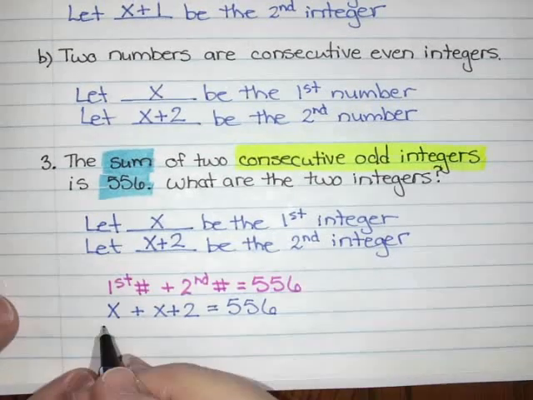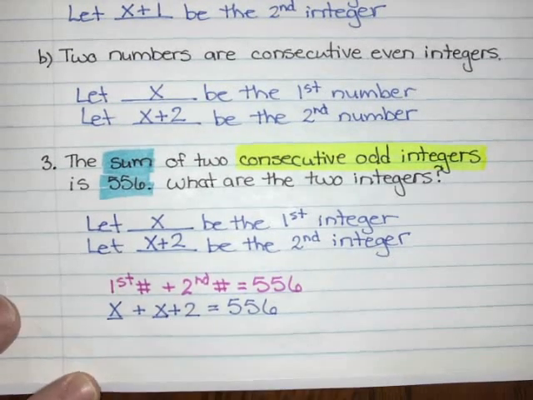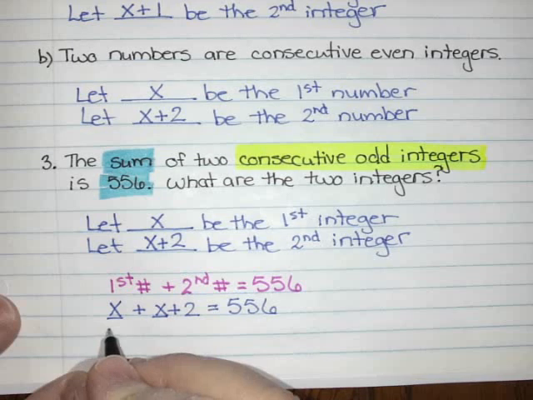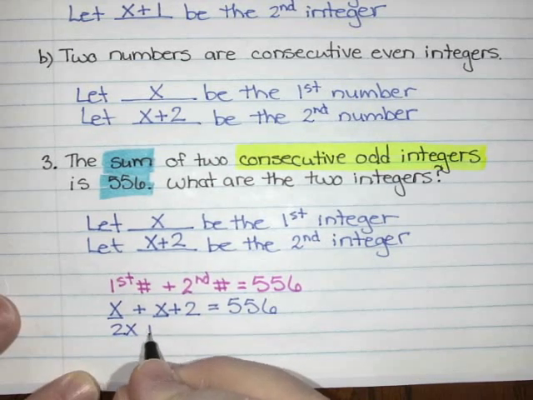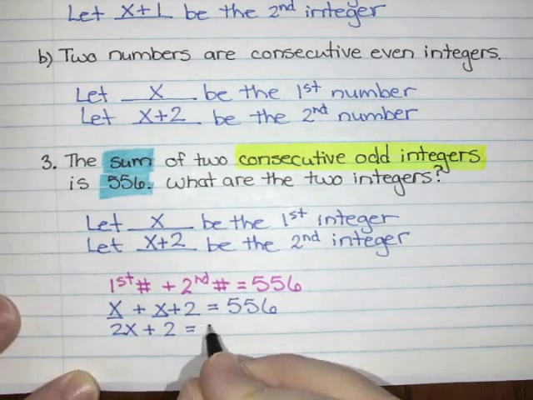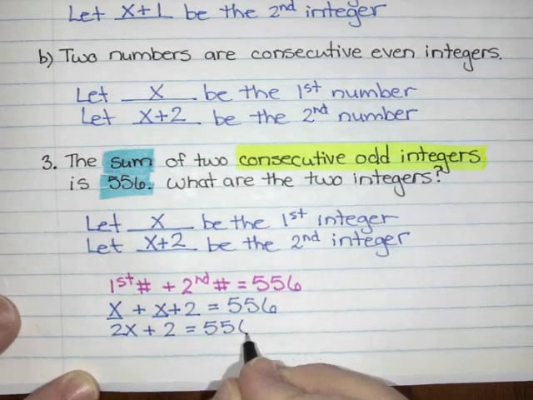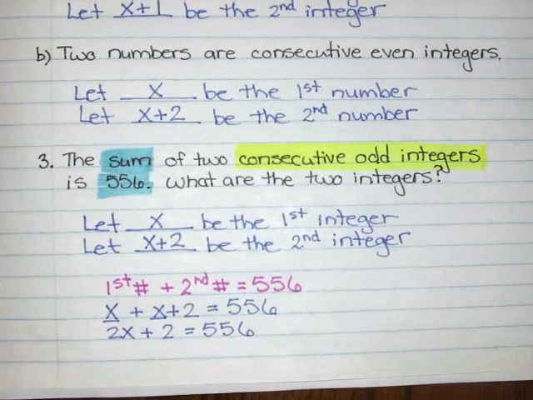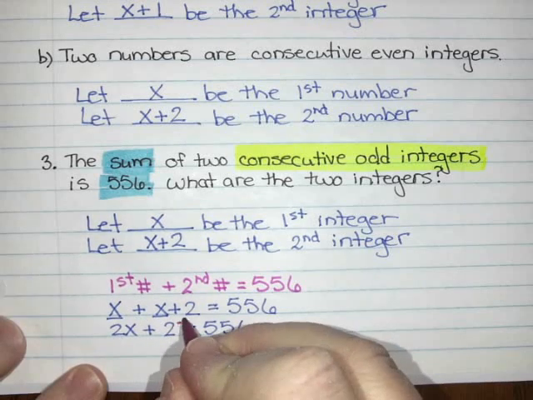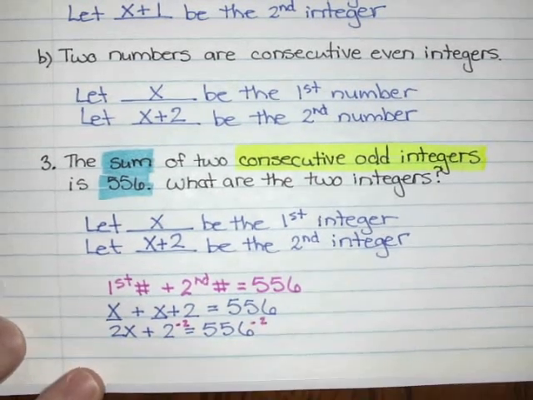So I notice I have two different x's, so I'm going to collect my like terms. x plus x is 2x, plus 2, equals 556. And then I want to solve. So I would start by subtracting 2 from both sides.